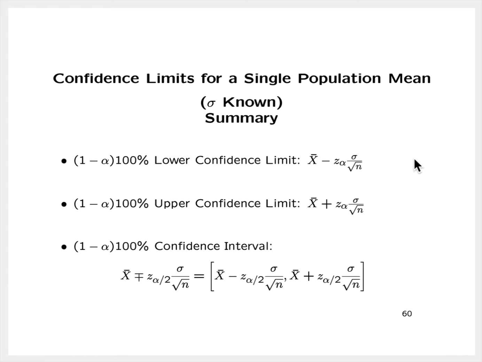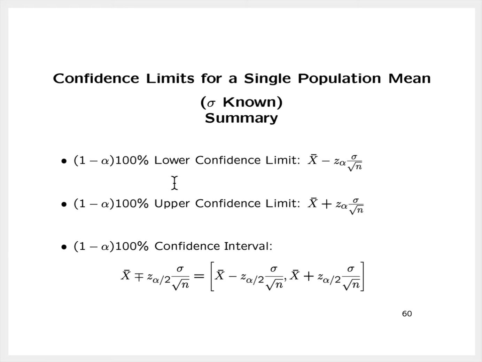All right, so to put all these results in one slide, we have formulas for lower and upper confidence limits separately, and a two-sided confidence interval that utilizes both a lower and an upper confidence limit. These are confidence limits for a single population mean for those situations where the population standard deviation is known.